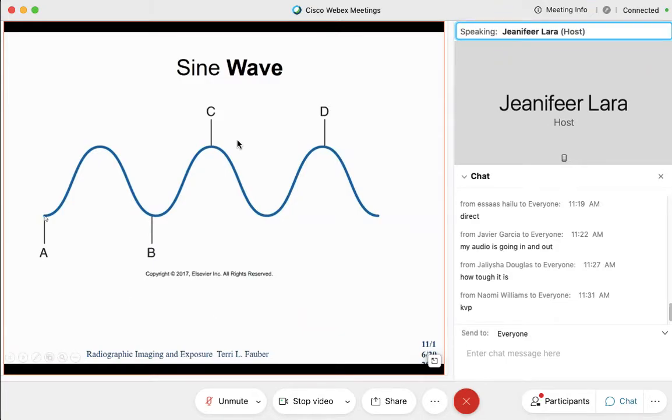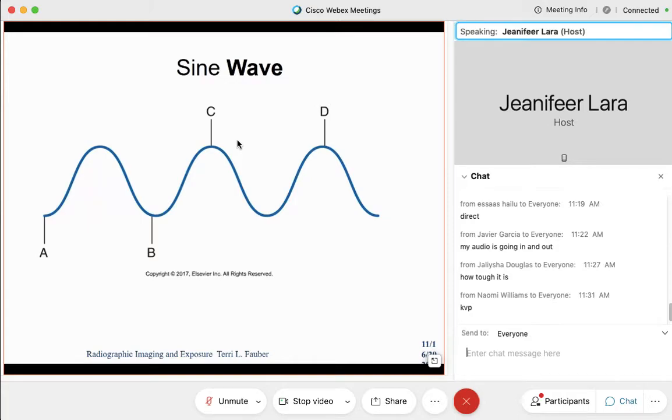This right here is a sine wave, and we have learned this to be the symbol of our energy, our photon, our X-ray energy. Here, at the very bottom, we call this the trough, T-R-O-U-G-H.